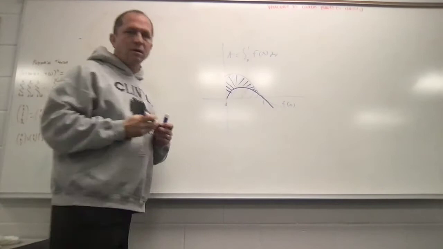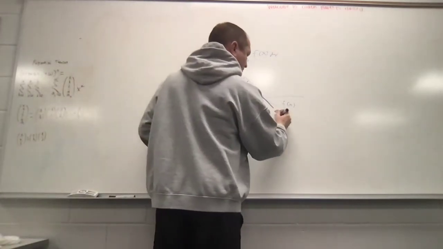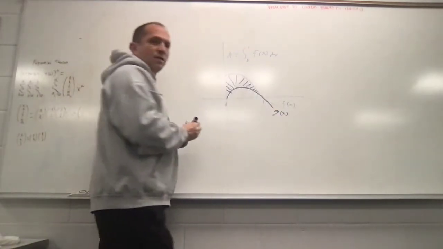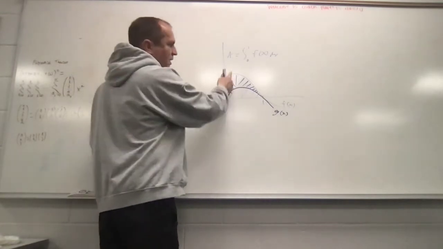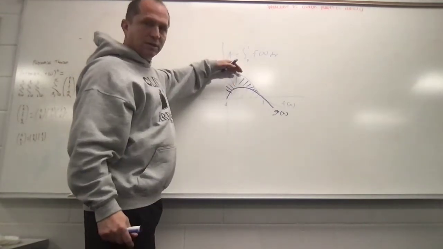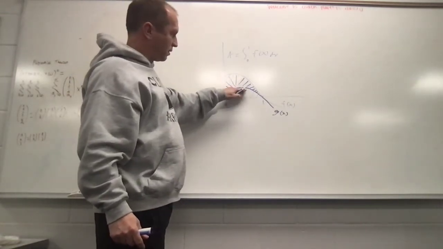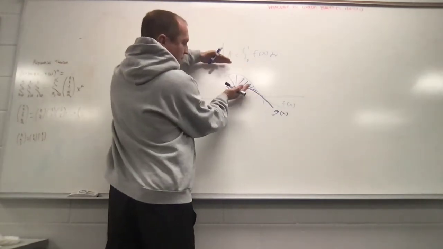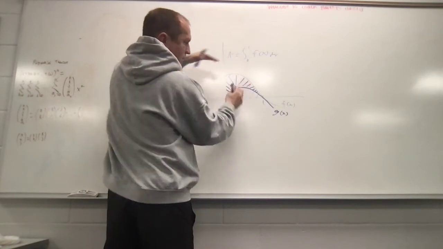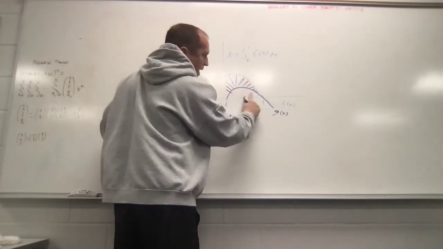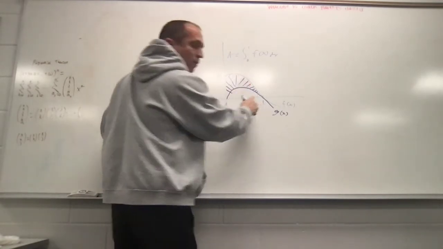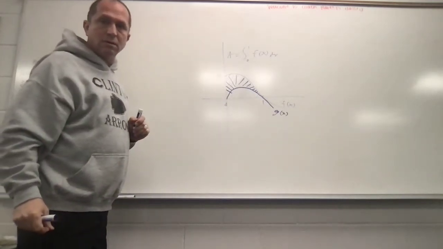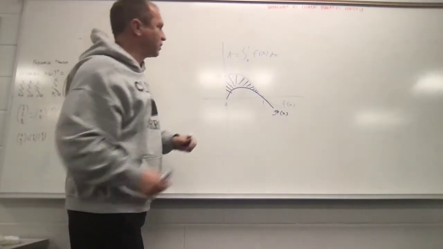Well, if you think in terms of what this is, the area that I've got represented here is the area between this top curve and the bottom curve. The area of the top curve, taking away this area right here, would give us this region.